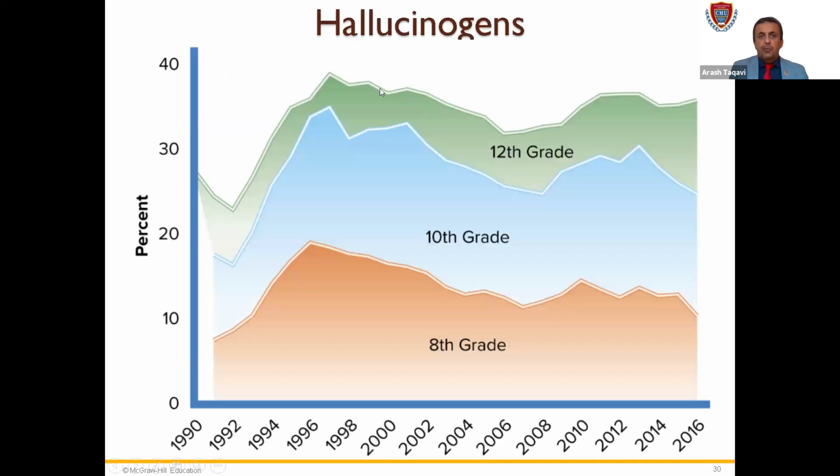And you see here 8th grade, 10th grade, 12th grade, and the percent of, for example, near under 10% of 8th graders use hallucinogens in America, especially between 1990 and 2016.